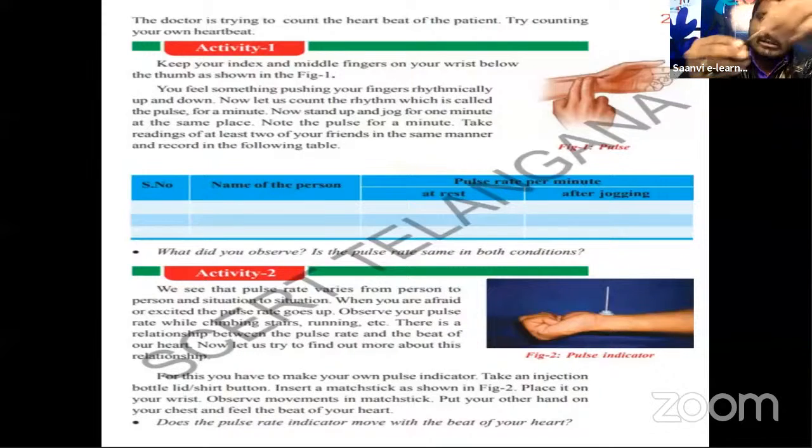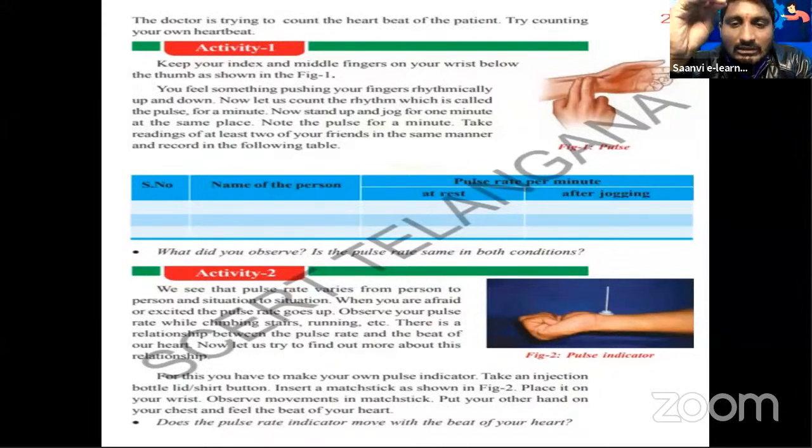You can take that cap, or otherwise you can take a button, your wish. And take one matchstick. How to make it and how to follow the procedure to check the pulse, you can discuss in the next class.